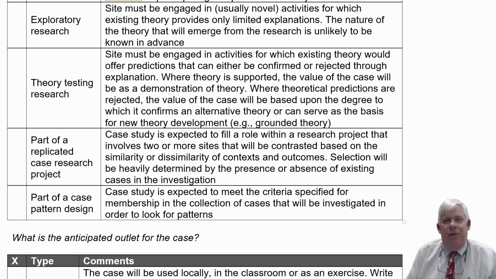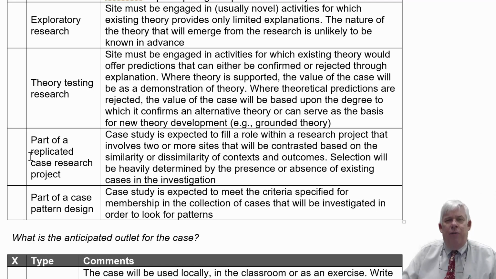Whereas we have a lot of flexibility when we're exploring, when we're testing, we're more likely to try to focus on finding a site that will allow us to come in and will allow us to focus on a very specific aspect of what's being observed in the case.